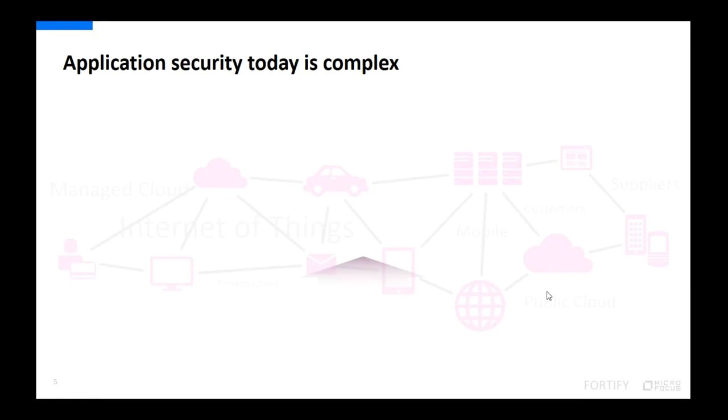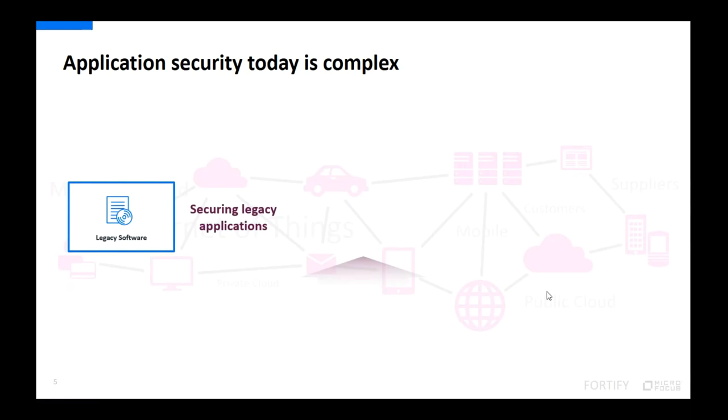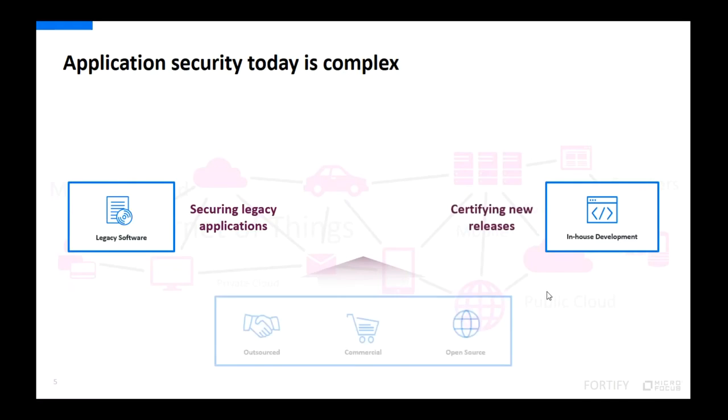If we look into today's scenario in our organizations, some are still using legacy software. Some are using in-house developed software. Some of our software is outsourced. Some we procure directly from third parties, and some we use open source.